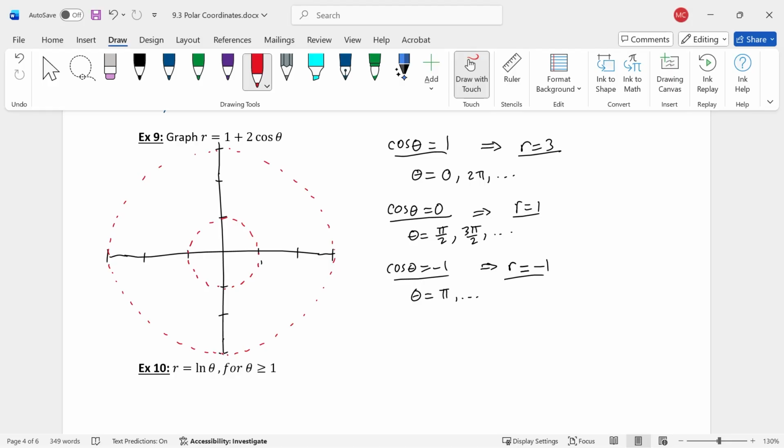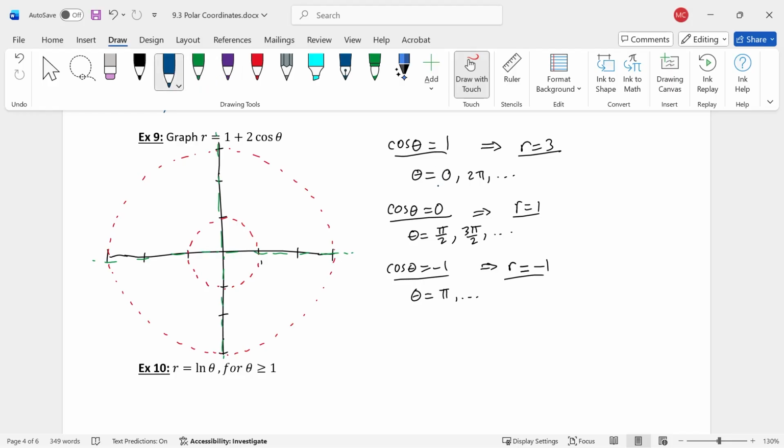Because if you look, my graph is not a perfect circle, and nobody's going to draw that perfectly. But if you at least have this diagram in place, then a person who's viewing it can more easily interpret what you meant to be there. Now, all the angles in this case are the quadrantal angles. So we're just looking at 0 and pi over 2 and pi and 3 pi over 2 and 2 pi.